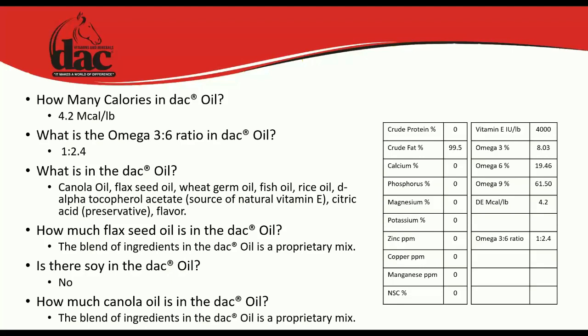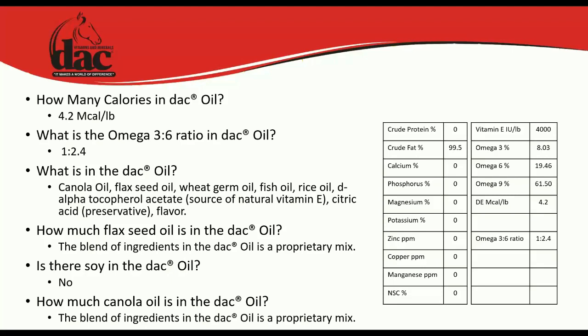When we look at the actual percentages, it's 8% omega-3s, 19% omega-6s, 61% omega-9s. But I'm not going to talk about omega-9s in marketing materials or in webinars, because omega-9 fatty acids are not essential to the horse, which means the horse can make omega-9s in their own body.